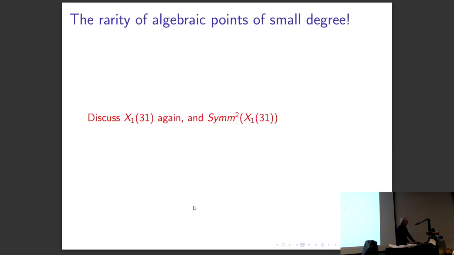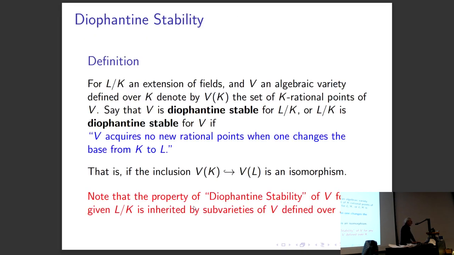We can discuss X_1(31) again, and its symmetric square. I think one can prove that the symmetric square of X_1(31) has no elliptic curve. An interesting example: take X_1(31) and consider all quadratic fields.